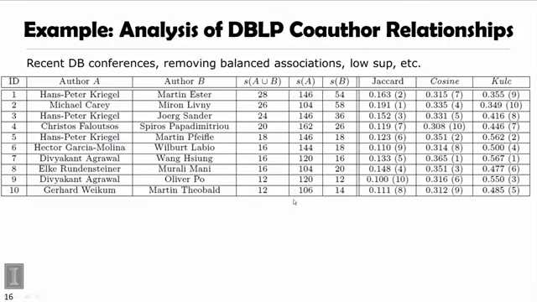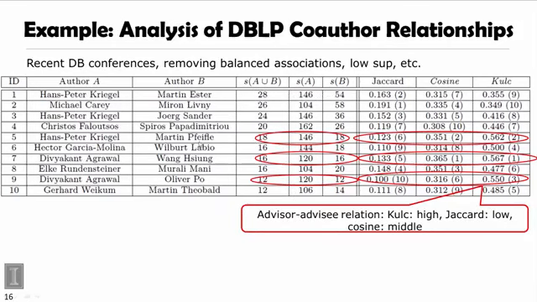The interesting thing is, for example, you look at Hans-Peter Kriegel and Martin Pfeifle. Martin Pfeifle has 18 papers, but all of them are with Hans-Peter Kriegel. But Hans-Peter Kriegel has 146 papers, and 18 were with Martin Pfeifle. You can see in that case, Kulczynski shows a pretty strong value. That simply says these two authors are closely tied together in some way, but they are imbalanced as well.